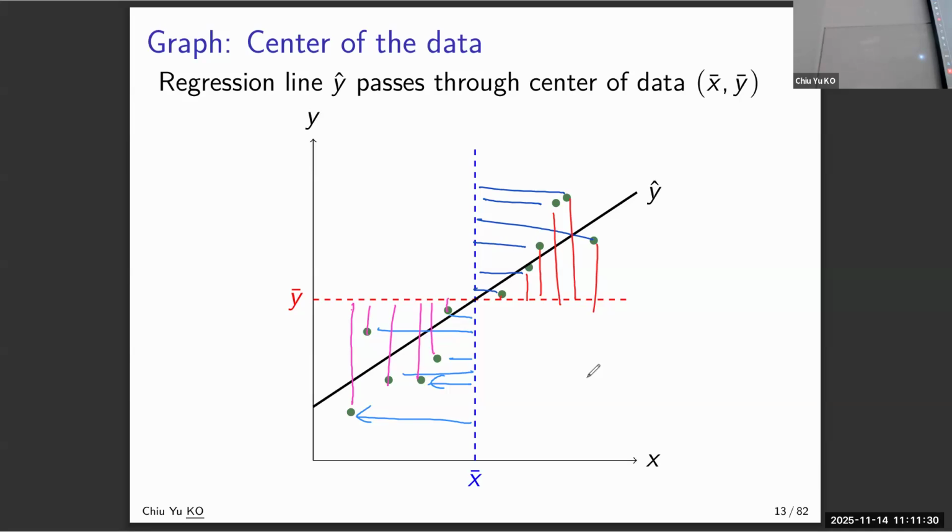So the first thing is, if I don't tell you an x, what would be your response? What is your guess on y? Just y bar, right? If you pick a random person and I don't tell you his education, what do you expect his income to be? The average income of the society.